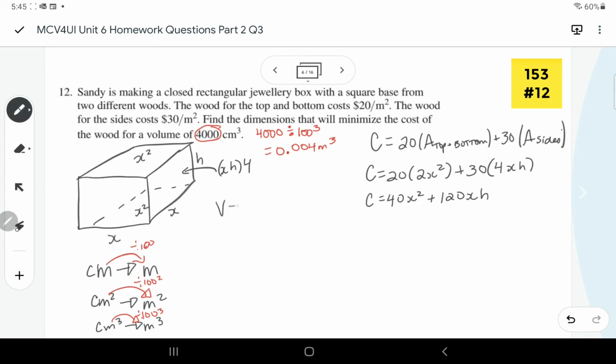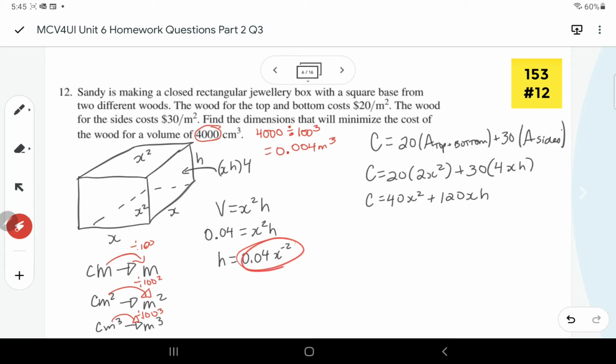So I know that volume would be the area of the base times the height. So 0.004 equals x squared h, and then h equals 0.004 x to the negative 2. Again, I'm not putting it over x squared because I know I'm going to have to take the derivative.